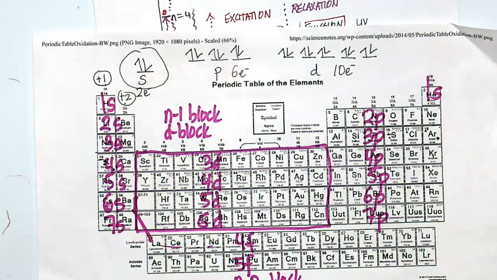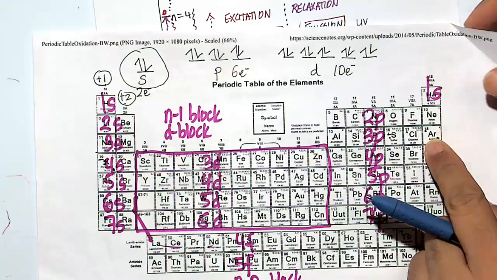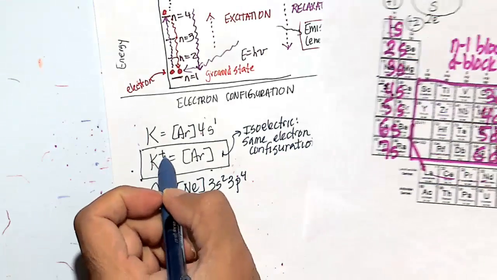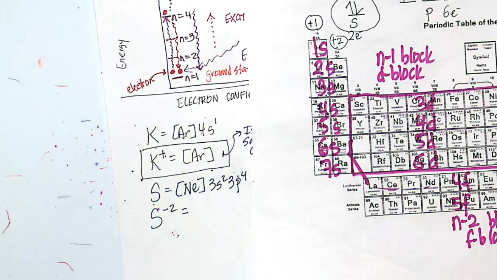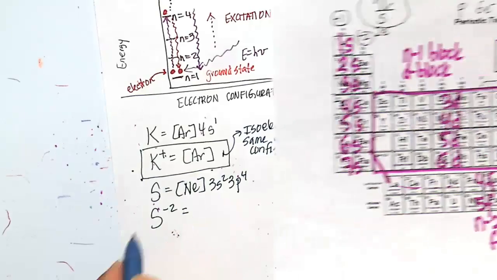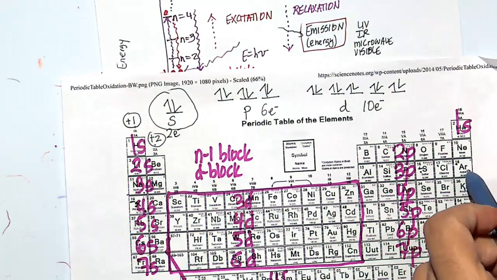So sulfur, give me those 2 electrons, I can have a filled n equals 3 shell. Contrast that with potassium, that 4s1 electron, be like here, take it, take it, take it. So S-2 will have an electron configuration of argon.